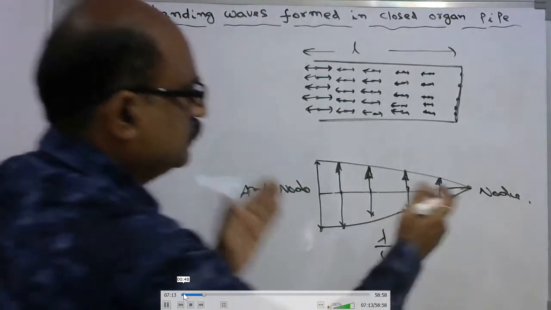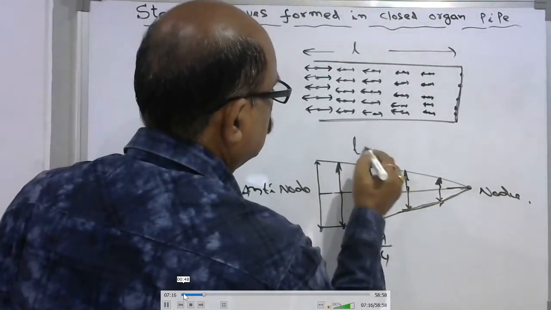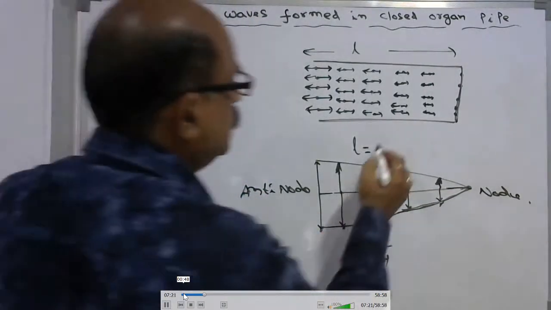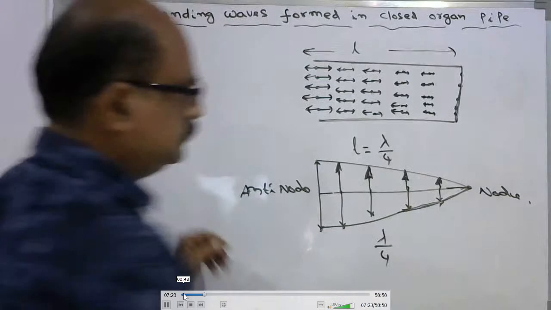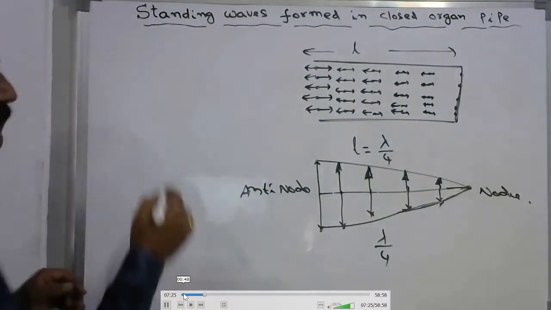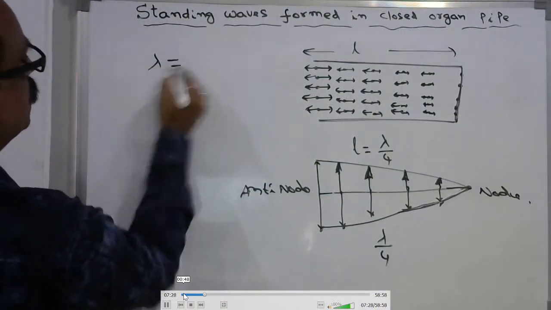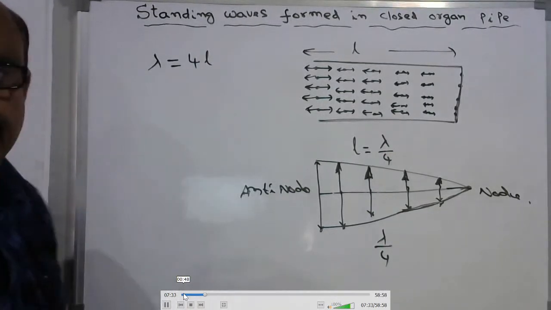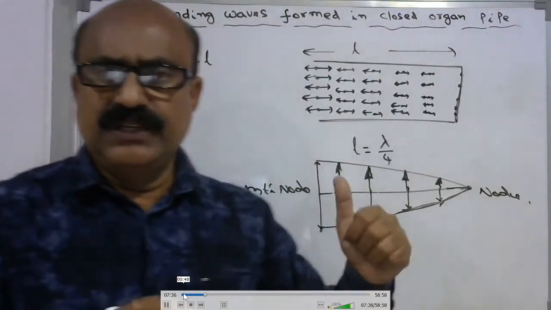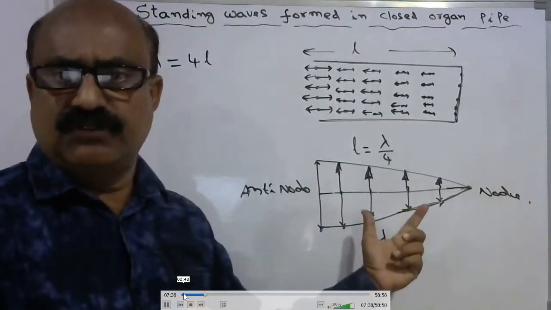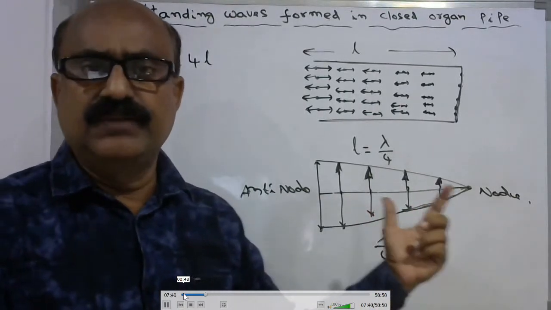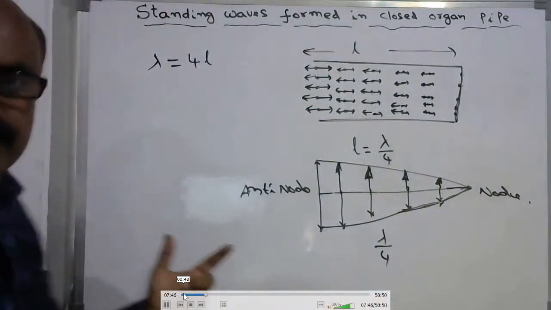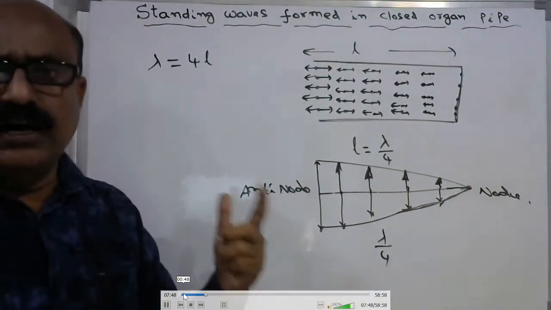So I write down the length of this particular wave in the first mode of vibration is equal to lambda by 4. Therefore, lambda in the first mode of vibration is equal to 4L. That is why the frequency corresponding to this first mode of vibration is called the fundamental frequency of the closed organ pipe. Now let us derive the expression for the closed organ pipe.